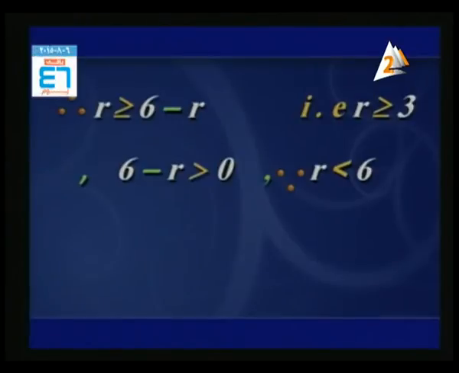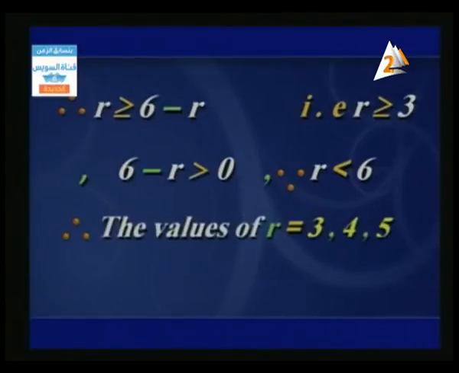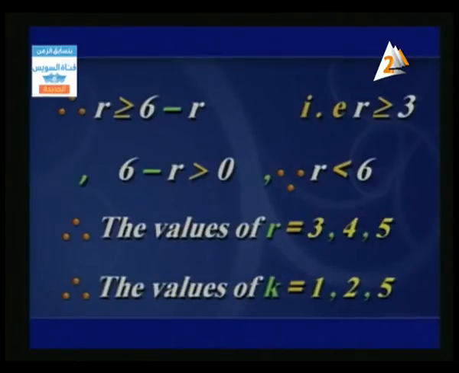Therefore, 6 − r is greater than 0, and since r is smaller than 6, the values of r equal 3, 4, and 5, and the values of k equal 1, 2, and 5.